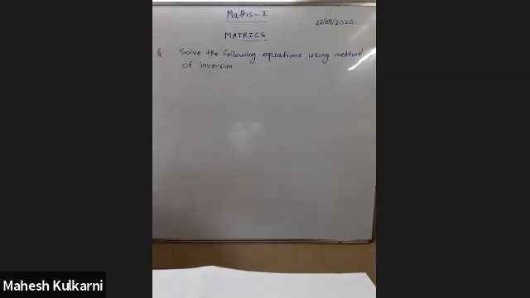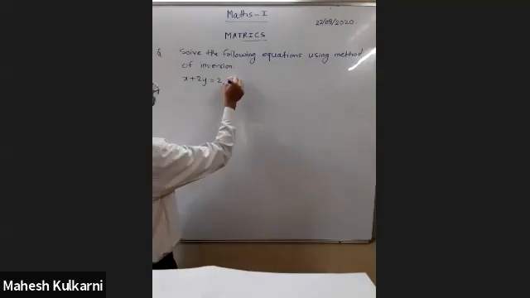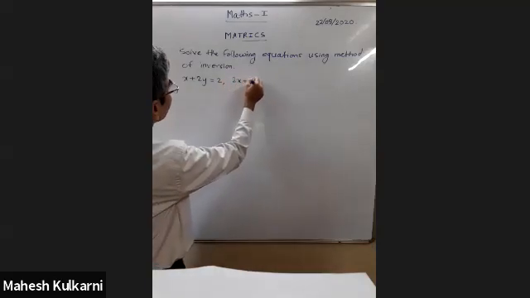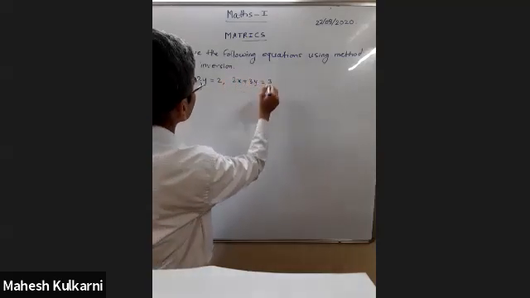So we are going to use method of inversion to solve the equation. Right, the equations: x plus 2y is equal to 2 and 2x plus 3y equal to 3.